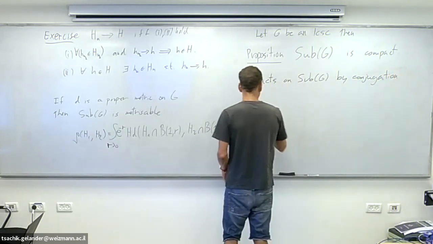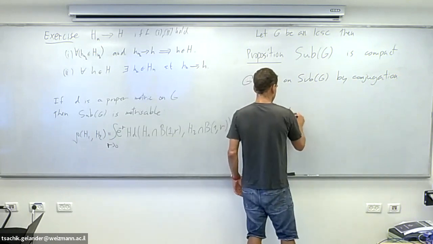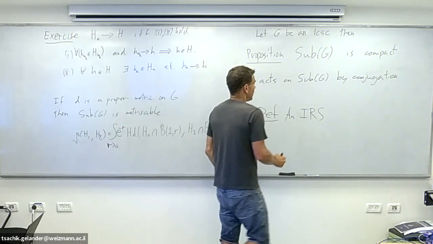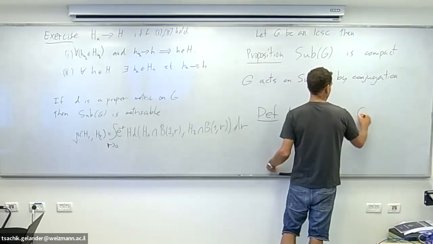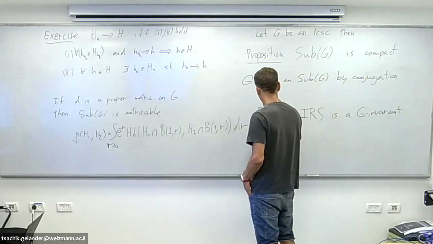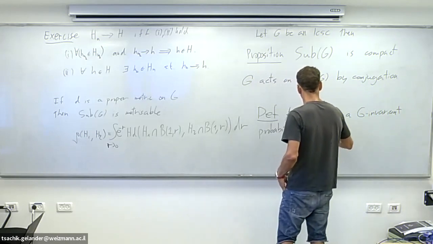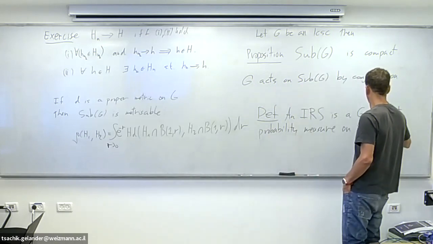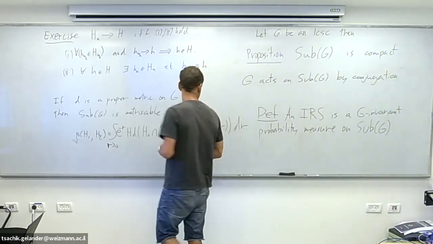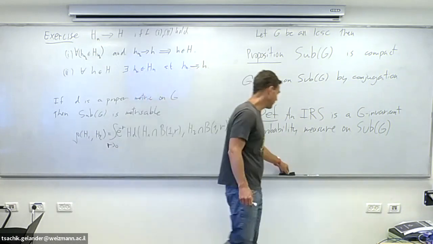And then the definition of an IRS, an invariant random subgroup, is a G-invariant probability measure on the space of closed subgroups. That is the definition of an IRS, and we saw one example.